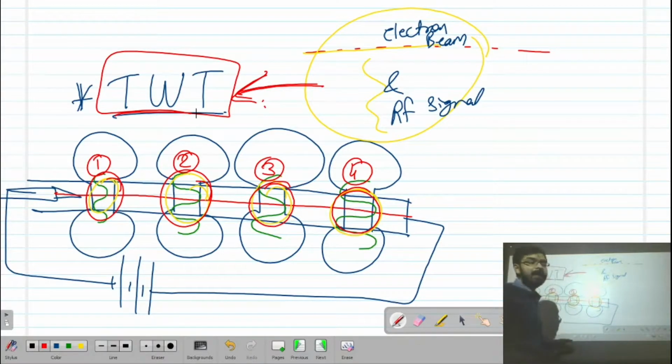Let us see what is the basic construction of TWT.